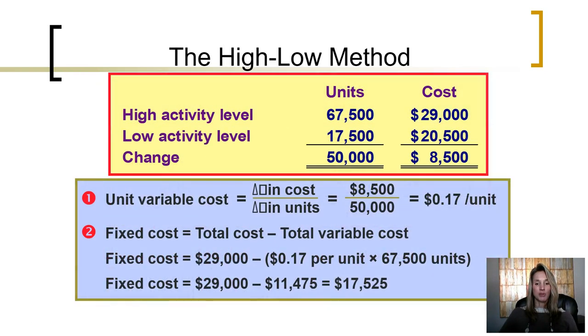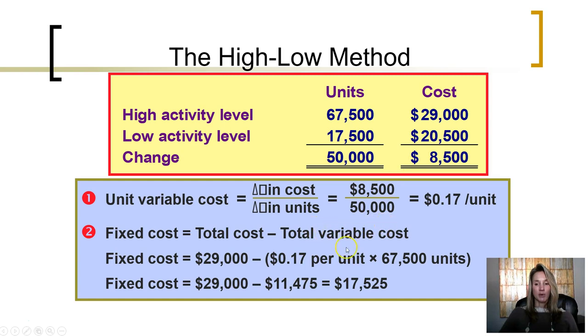Step one is to compute the variable cost per unit. So we're going to take the change in the dollars and divide by the change in the units to get a variable cost per unit. Thus, if we take a linear equation where a company's fixed cost equals the total cost of electricity minus the variable cost, we know that the total cost for one of the data points was $29,000.